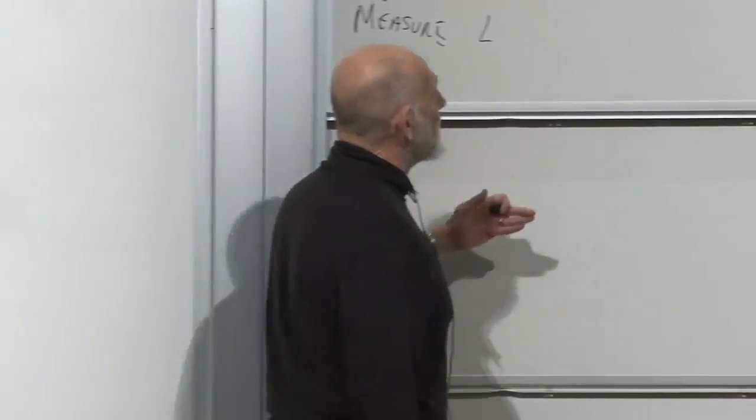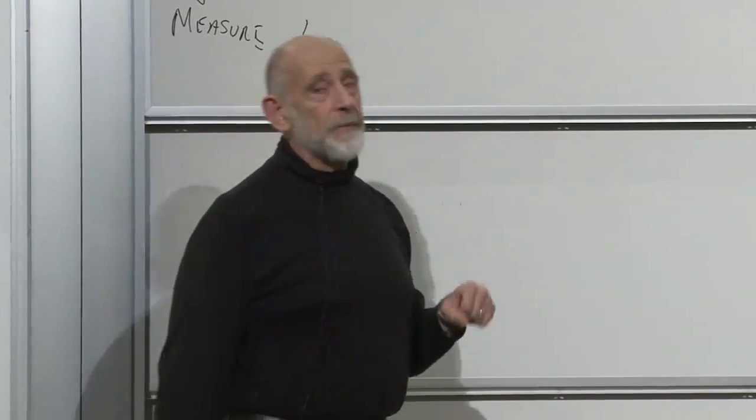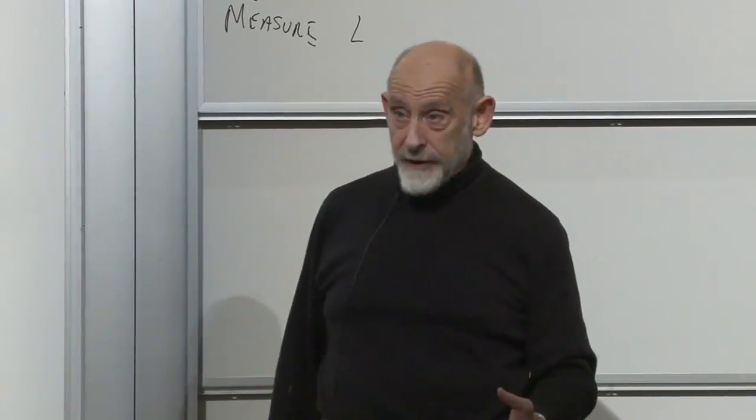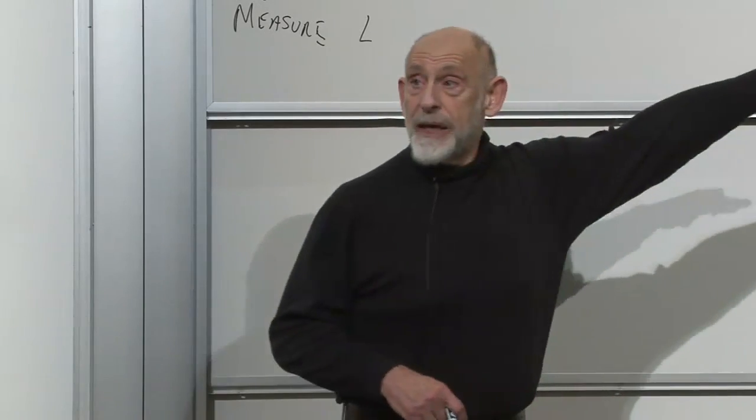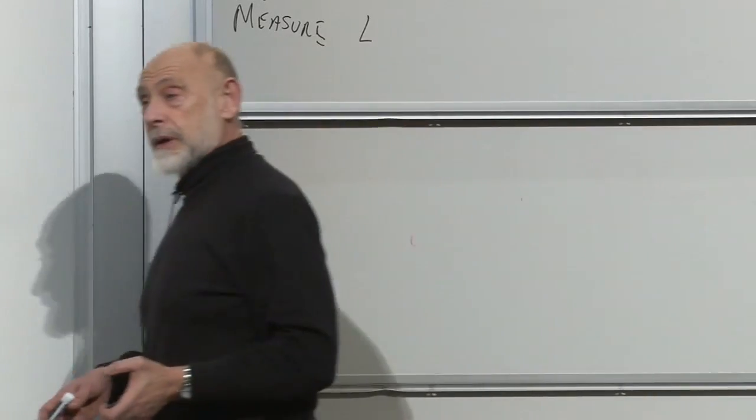Let me say what the right answer is. If you want the probability for a given value of lambda and there's more than one eigenvector with the same value of lambda, then you add them. You simply add the sums of the squares, just probability addition. So the questions tonight are really good.